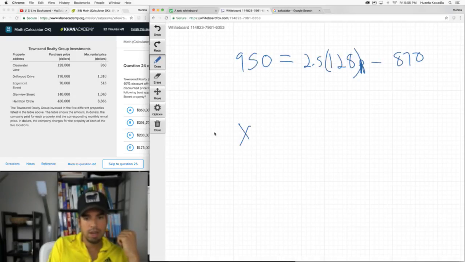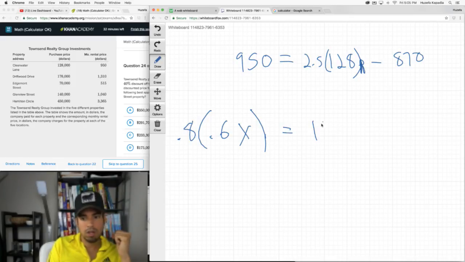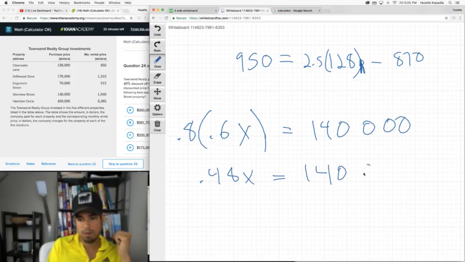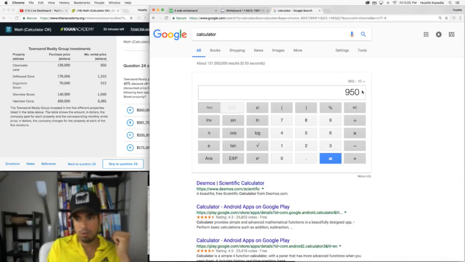So they got 40% off, so they paid 60%, and then of that, they got another 20% off, which is 80%. So we got this equals 140,000. And now we just solve 0.48x equals 140, and then 140 divided by 0.48.